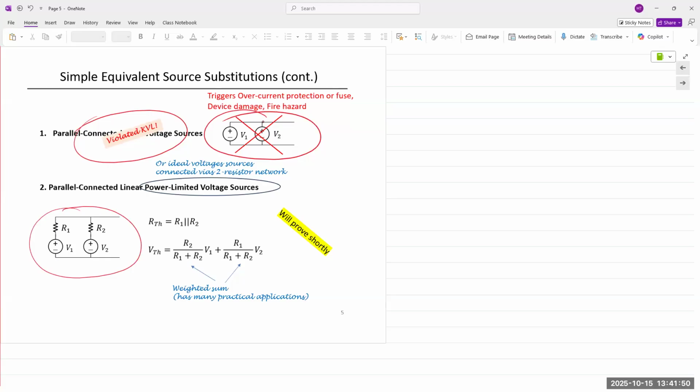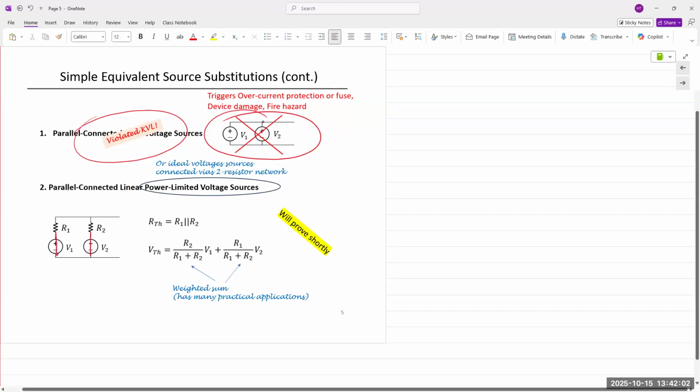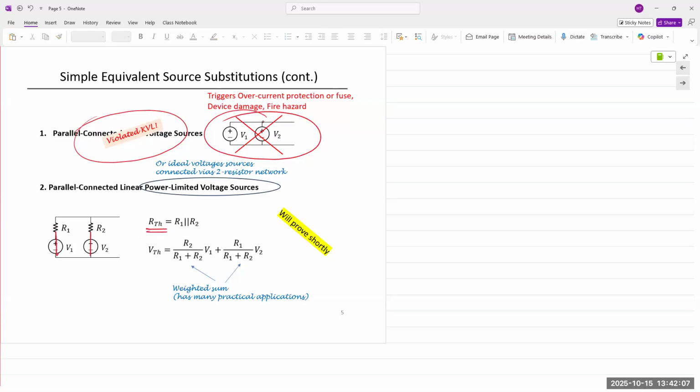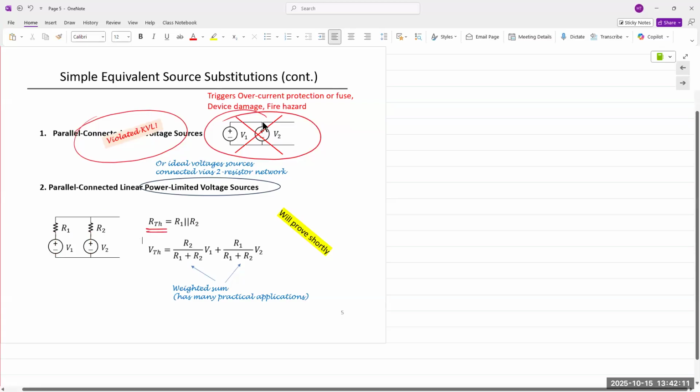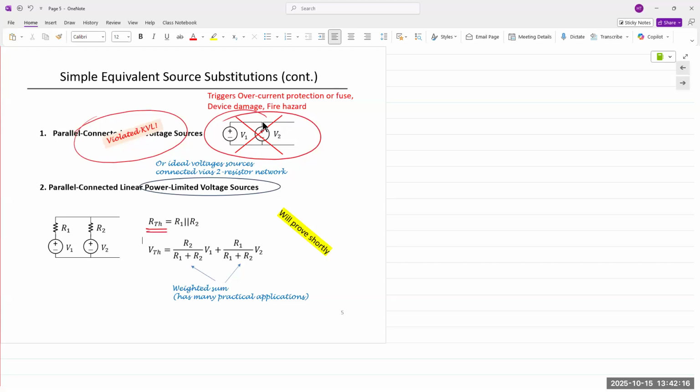Well, in order to find the RTH, we would consider that R1 is in parallel with R2, and that gives us our Thevenin resistance. And then VTH is a little tricky. This is derived from superposition and voltage division. We'll see that later on.